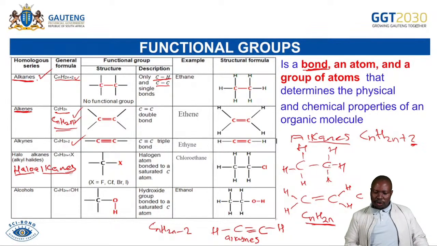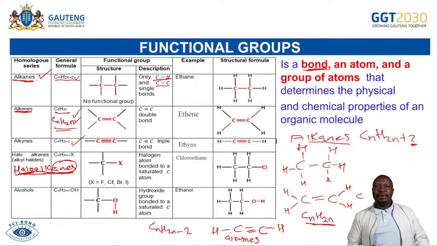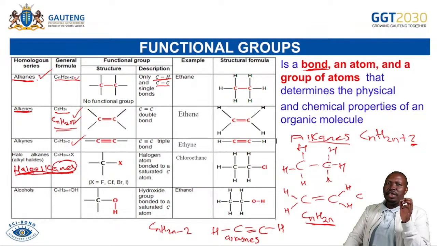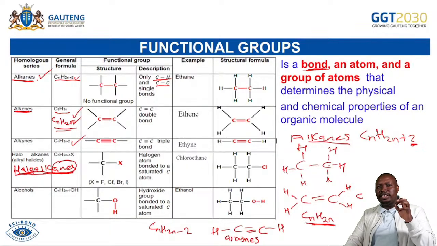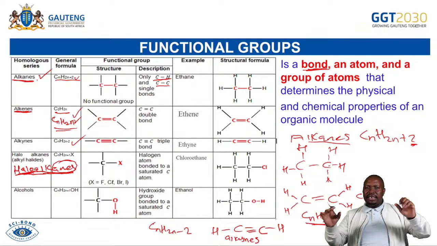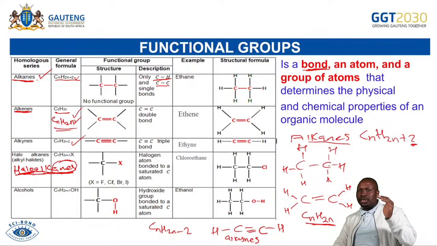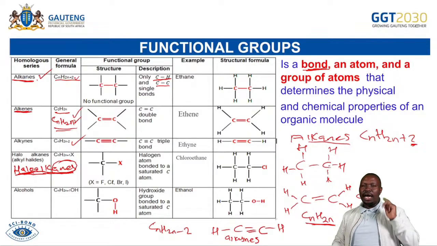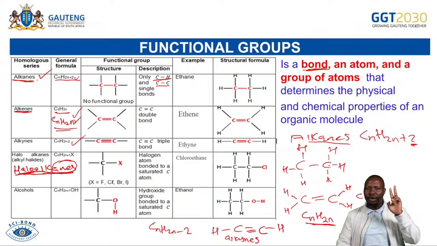But I'm happy because you can see that when you're dealing with haloalkanes, we're still talking about them as alkanes. We're just acknowledging the presence of a halogen. Even when we name them, we're going to do the same. We'll treat them as alkanes, but we'll acknowledge the presence and position of the halogen. I want you to have an understanding of those two things.